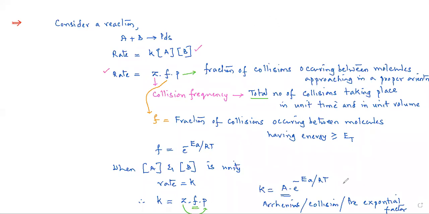And overall, this is Arrhenius equation. So the important relations are K is equal to A into e power minus EA by RT and F is equal to e power minus EA by RT.